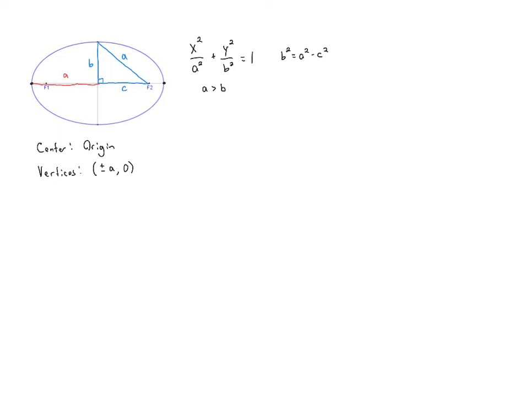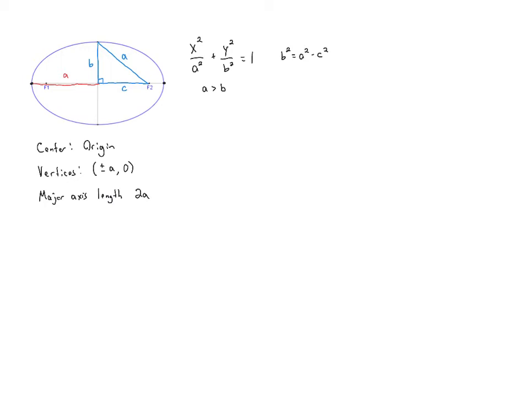And actually this whole distance between the vertices, we call that the major axis. And the major axis has length given by 2a. Of course, because half of it is a and the other half of it is a, we get 2a.